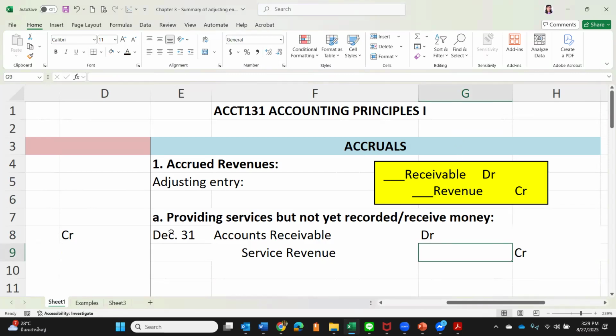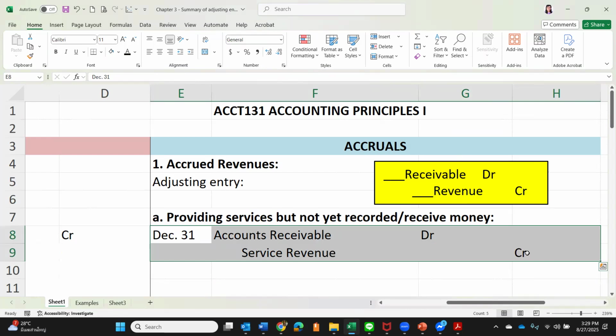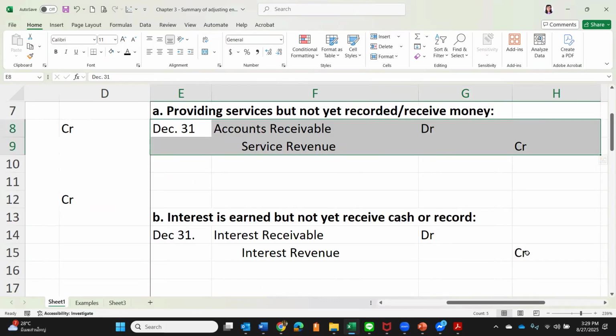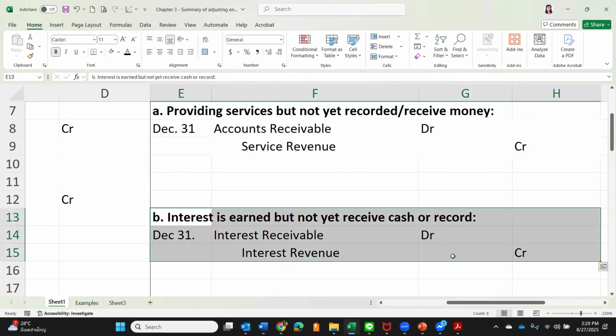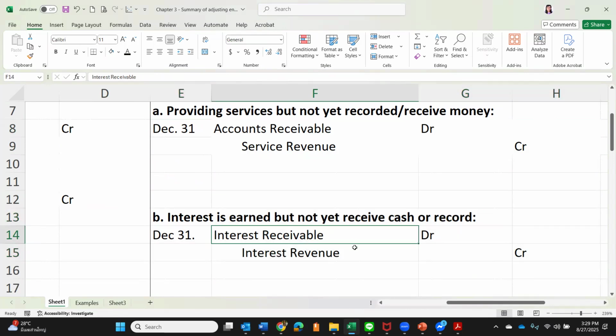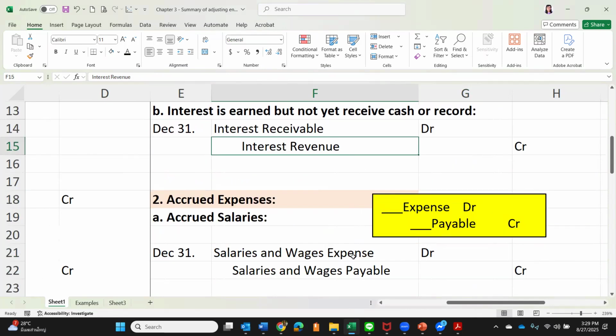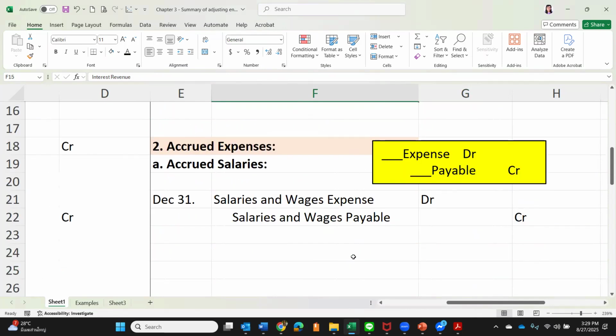If you already performed the general service, you can debit accounts receivable and credit service revenues. Now, if you lend money to somebody, and for some time interest is already earned, but you haven't received the money yet, you will debit interest receivable and credit interest revenues.